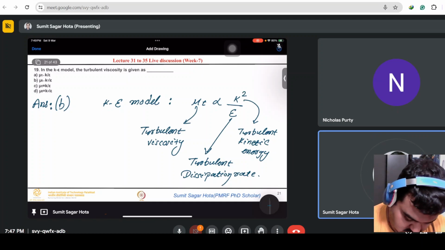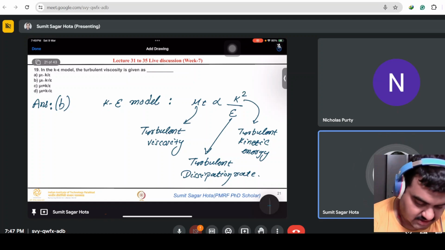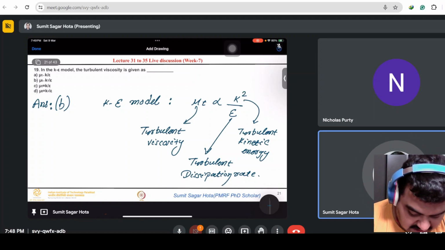Mu T is the turbulent viscosity, K is the turbulent kinetic energy, and epsilon is the turbulent dissipation.